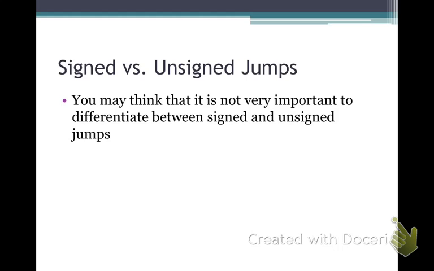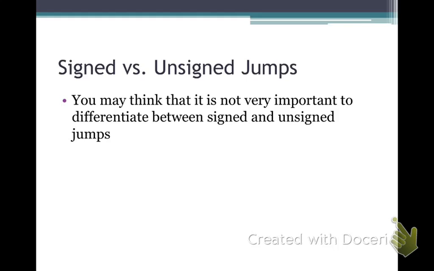Let's talk real quickly about this. Signed versus unsigned branches. You might think that it's not important to differentiate between the two, and it's actually critical. These two sets of jumps, the signed comparison and the unsigned comparison jumps, they test different status bits in EFLAGS, and the result is that they can give very different results.